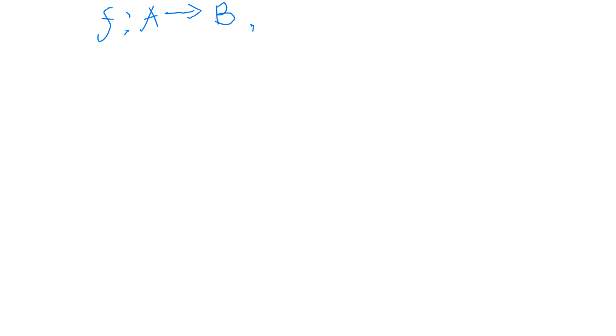And let C and D be subsets of B. So they are subsets of the codomain. Let C and D be subsets of B, which is the codomain. All right, full stop.